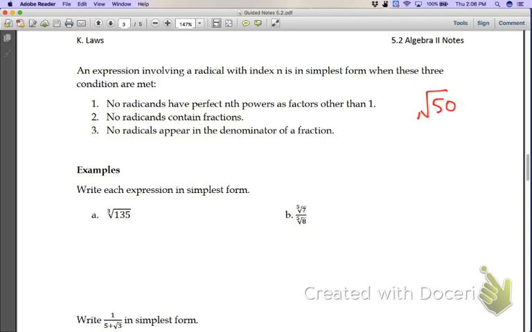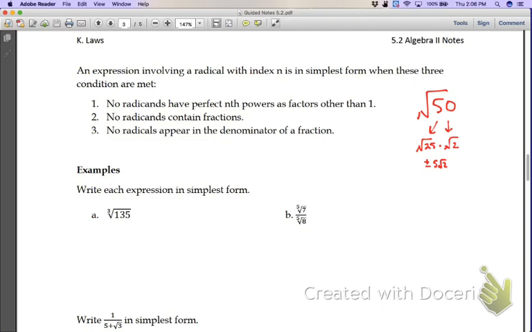No. What would I have to do? I'd go down my list and climb it until I get to the 25, and break it up as the square root of 25 and the square root of 2. The square root of 25 is plus or minus 5, times the square root of 2.